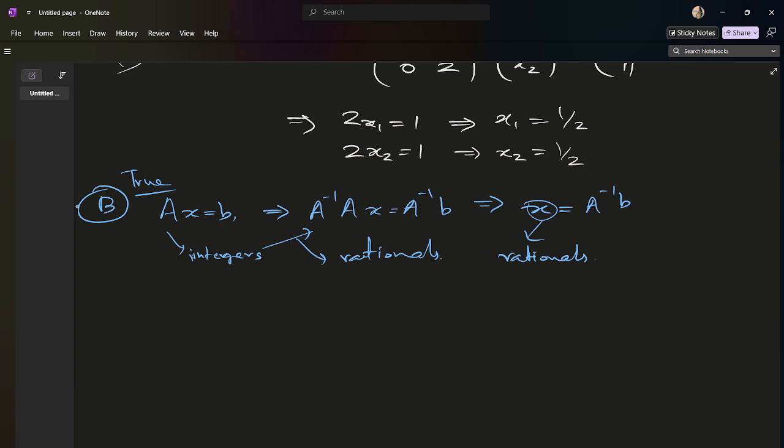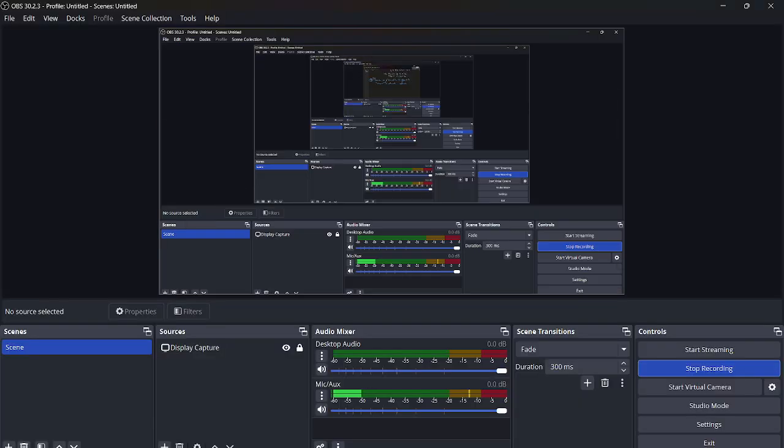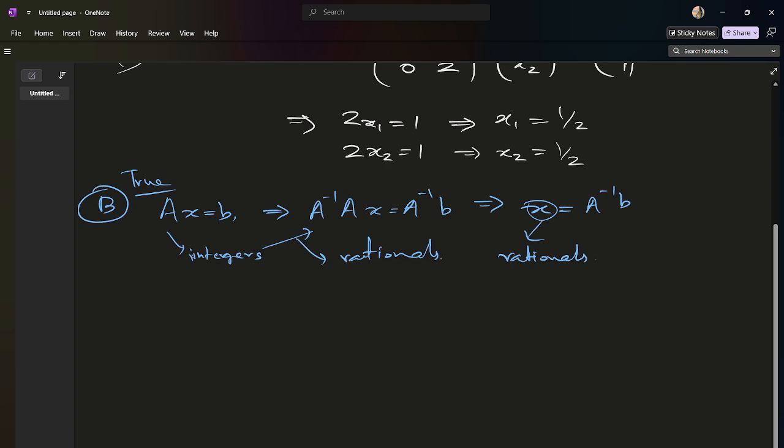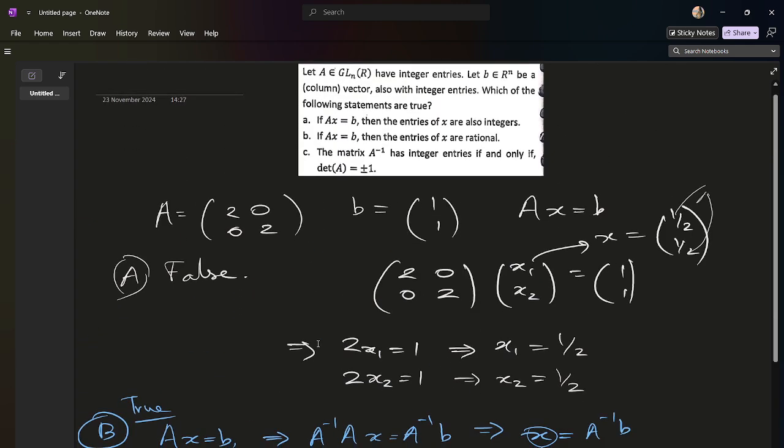Now we have to think about option C. Option C says that the matrix A inverse has integer entries if and only if the determinant is either 1 or -1.